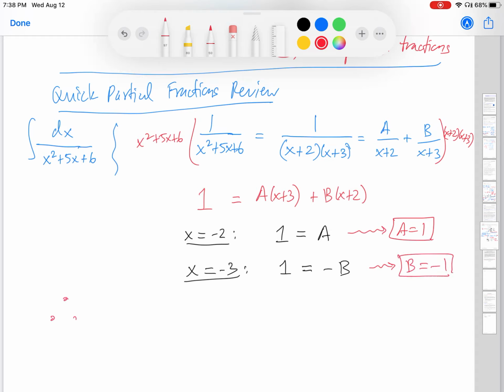So therefore, 1 over x squared plus 5x plus 6 equals this A value, 1 over (x plus 2). Remember, the A went with the (x plus 2). Okay, plus B, but B is -1, so -1 divided by (x plus 3), the B went with the (x plus 3). And you could check this, right? You could, if you wanted to, take a minute and combine this right-hand side and multiply everything out just to make sure that we did all the math correctly.